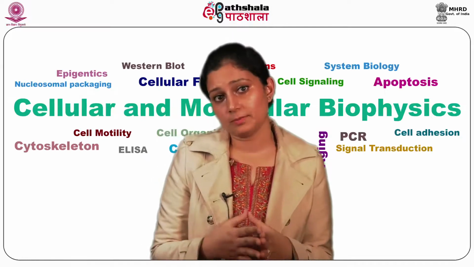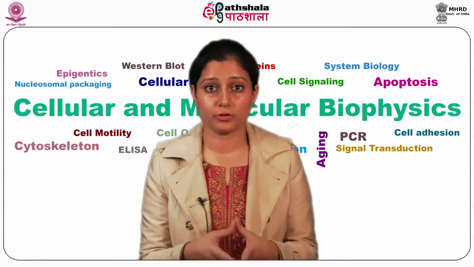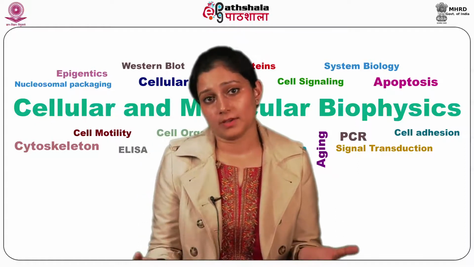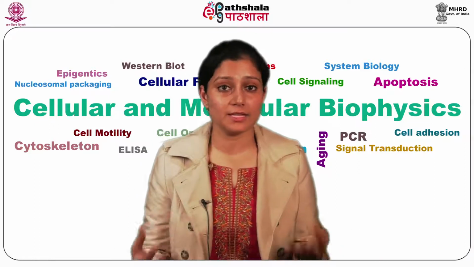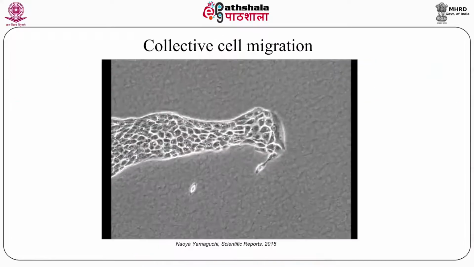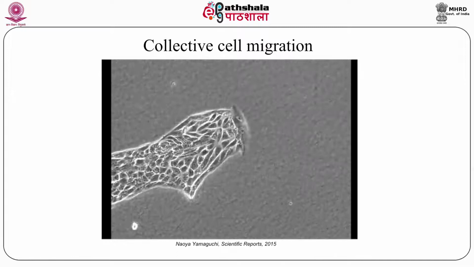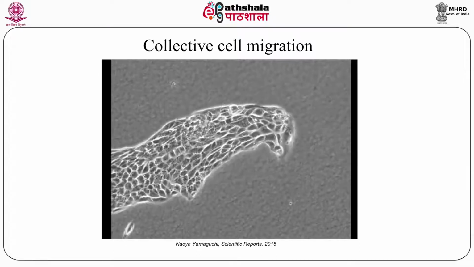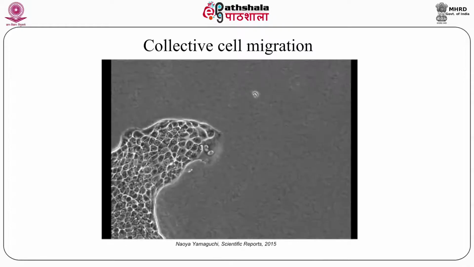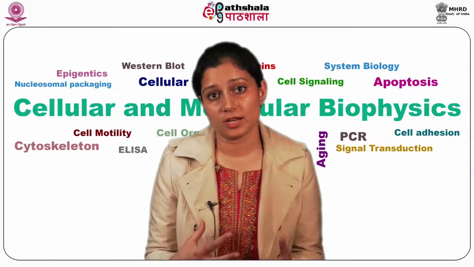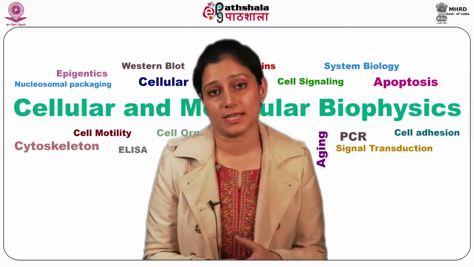Collective cell migration plays a crucial role in several biological processes, such as embryonic development, wound healing, as well as cancer metastasis. This video shows live cell imaging of collectively migrating Madin-Darby canine kidney MDCK epithelial cells that follow leader cells on a collagen gel to demonstrate the mechanism of collective cell migration.